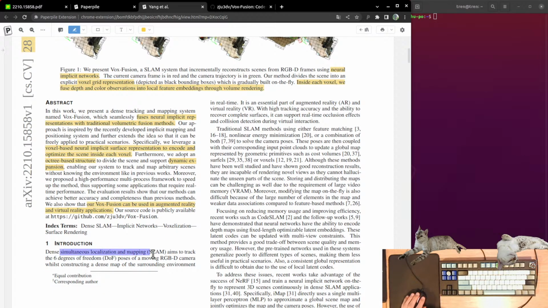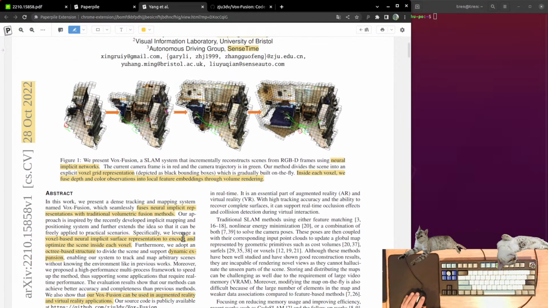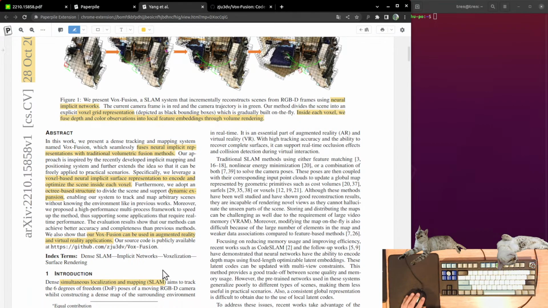Yeah, simultaneous localization and mapping, SLAM. This is a classic problem of moving through an environment and both mapping the environment and localizing yourself in that environment at the same time, right? So building a map and positioning yourself within that map at the same time. So the 6DOF poses, 6 degrees of freedom.